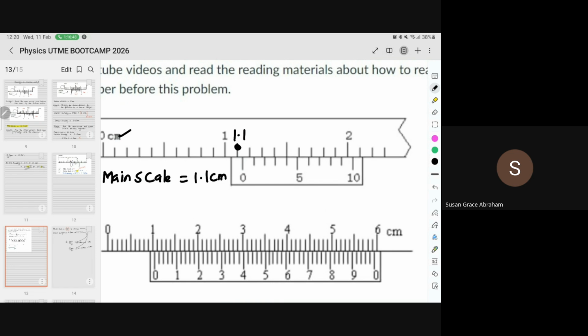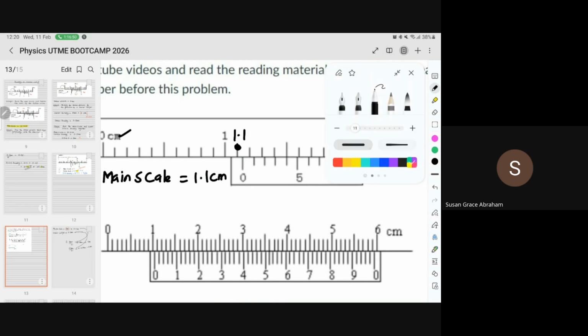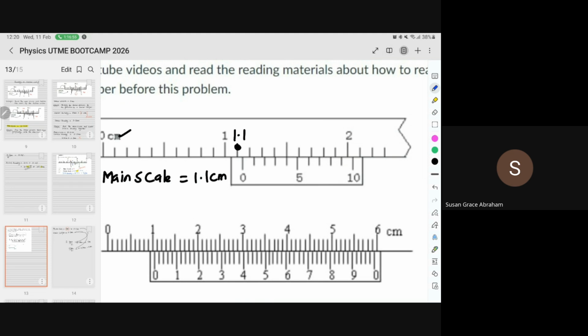Yes, sir. Good. So now the next step, step 2, said we should check for the place where there's an intersection between them, where it crosses over. If you observe, this is where it crosses over. And let's read it. Here is 0. So 1, 2, 3, 4. So the value here is going to be 4, right? So that means that my vernier scale will be what? That value 4 multiplied by my precision, 0.1 millimeter. Do you understand?